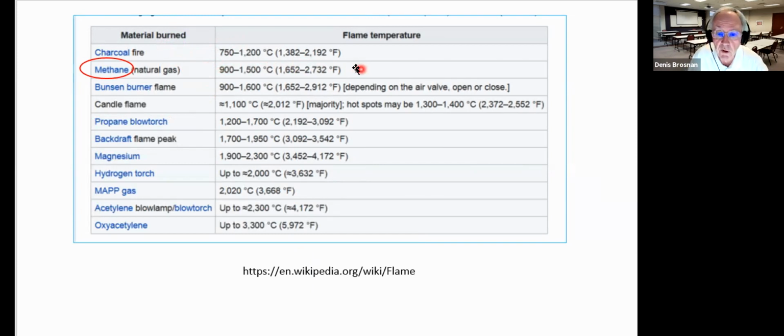If you want to get above 2732 degrees Fahrenheit in a kiln, for some products we need higher temperatures. We're probably going to supplement that methane combustion with oxygen, air and oxygen mixtures. And there we can get up to close to 2,800 degrees Fahrenheit or thereabouts. So those are practical flame temperatures. That's about what we can do in a fuel-fired device.